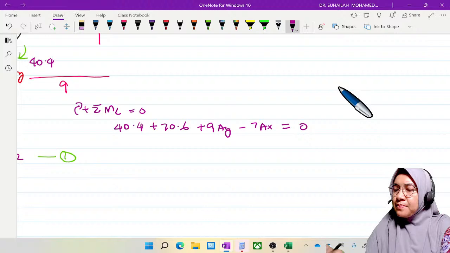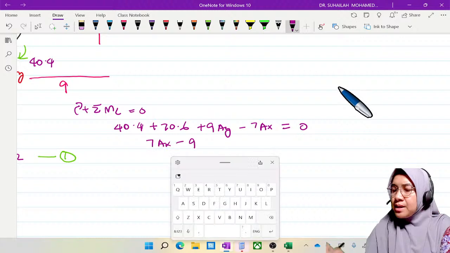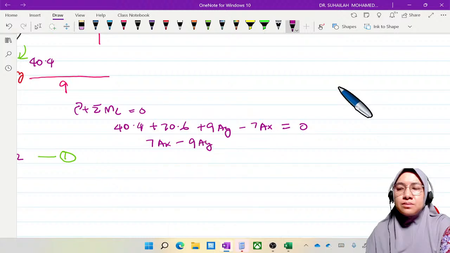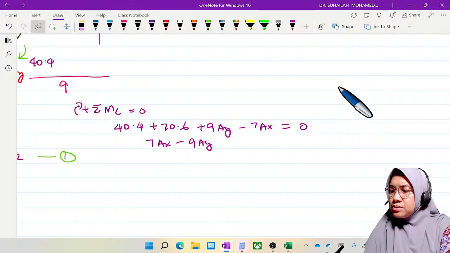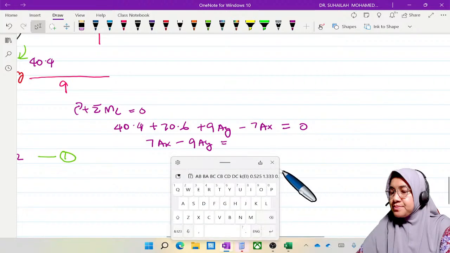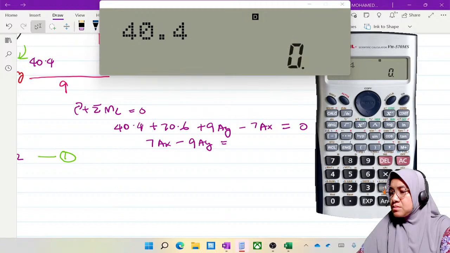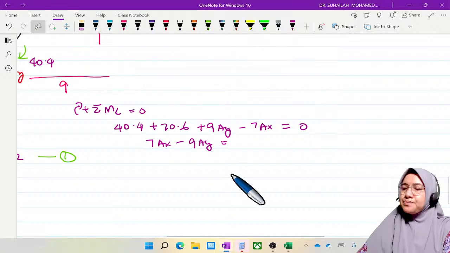So we get 7AX minus 9AY equal to 40.4 plus 70.6, which is 111.